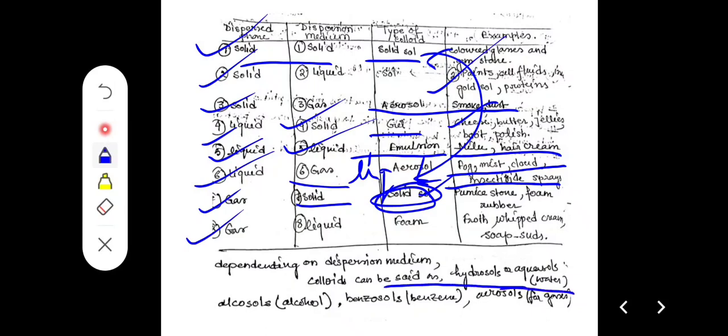As we know, aqueous HCl means dissolved in water; due to water we say aqueous. Similarly, if the dispersion medium is water, we term it hydrosol or aquasol. If it is alcohol, alcosol. If it is benzene, benzosol. If the dispersion medium is gaseous, we term it aerosol.